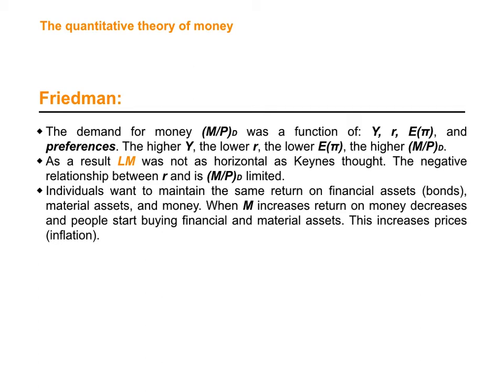But going back to the first bullet in this slide and the second bullet in this slide, if we include expectations, that means that LM is going to be more vertical. And if it is going to be more vertical, then monetary policy is going to be more important.